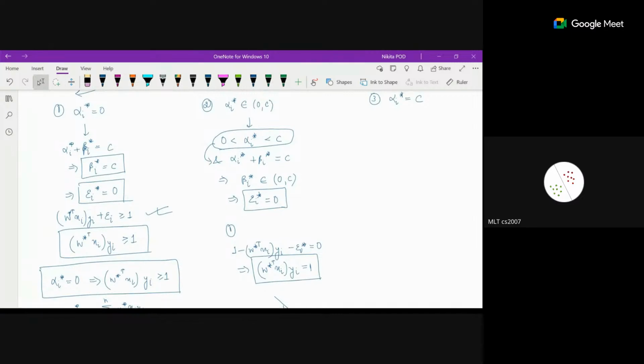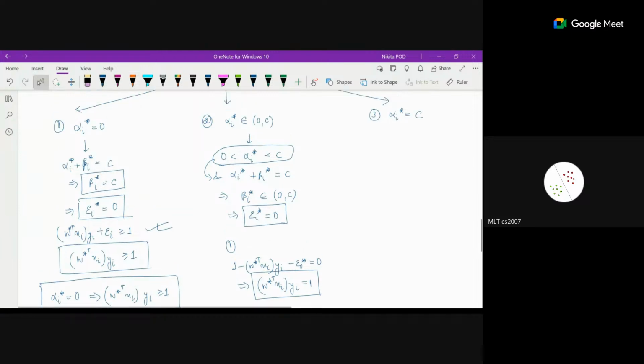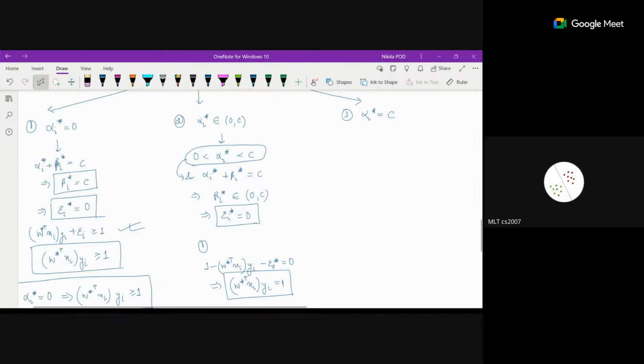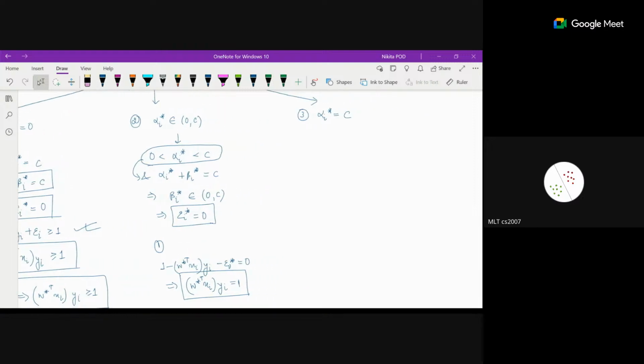Okay. Now, this was about when alpha I star is equal to 0 and when alpha I star strictly lies between 0 to C. So now what next? What will happen if my alpha I star is exactly equal to C?